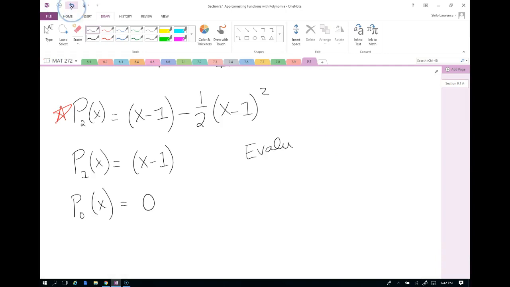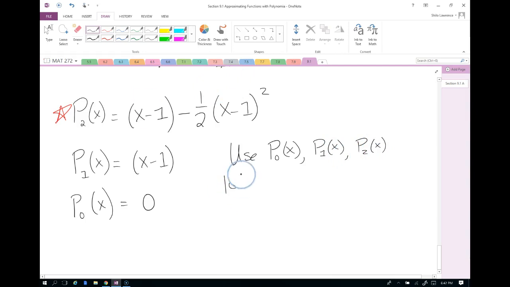And the way that you're actually going to see this in the homework is it's going to say use p sub 0 of x, p sub 1 of x, and p sub 2 of x to approximate natural log of 0.95.